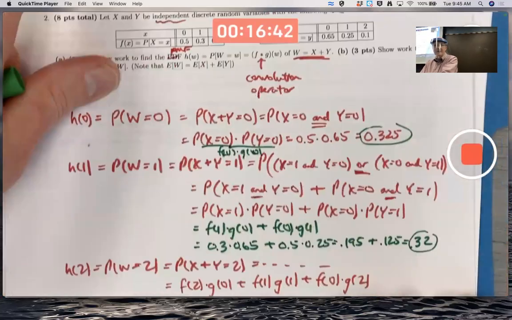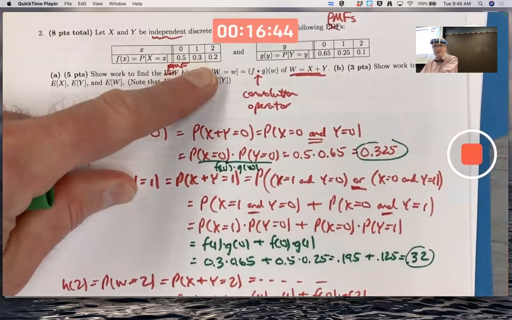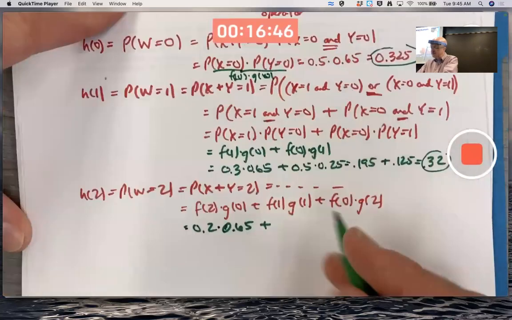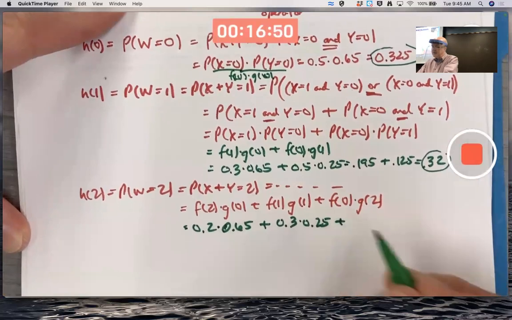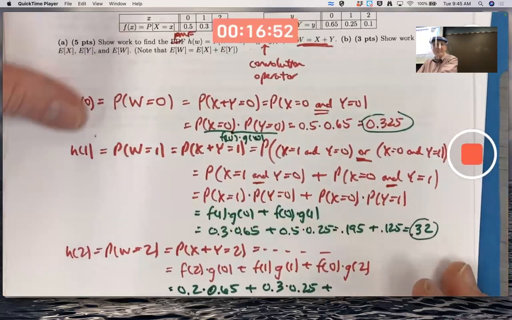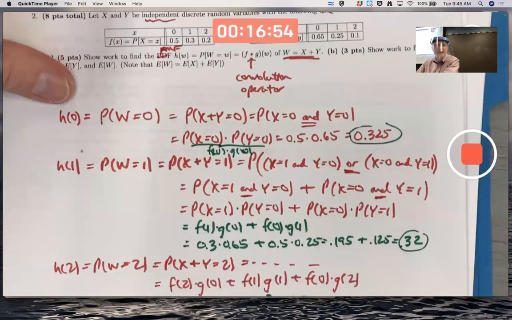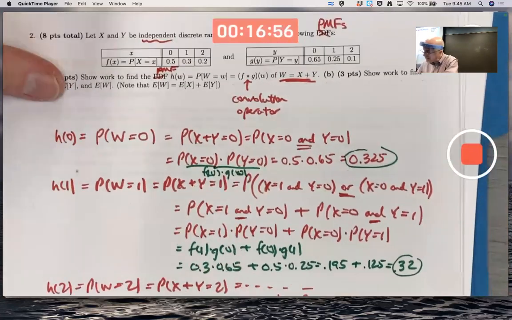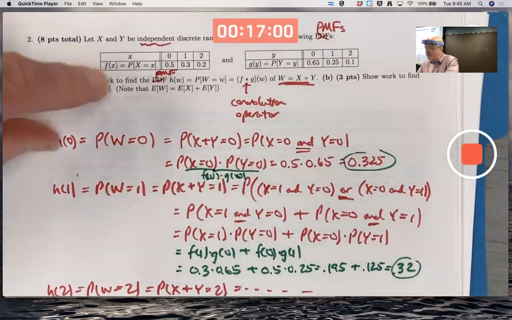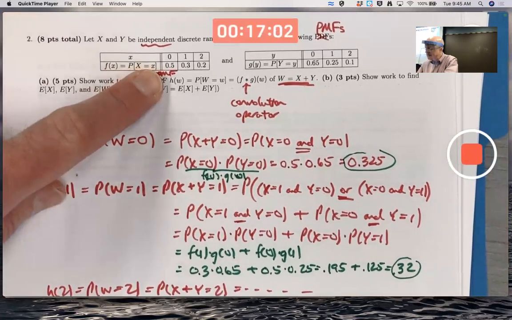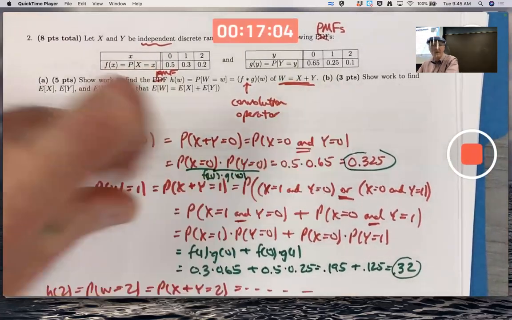F of 1 is 0.3, G of 1 is 0.25. F of 0. I didn't make a mistake, did I? You got to be super careful with not making mistakes here. F of 0 is 0.5 and G of 2 is 0.1.